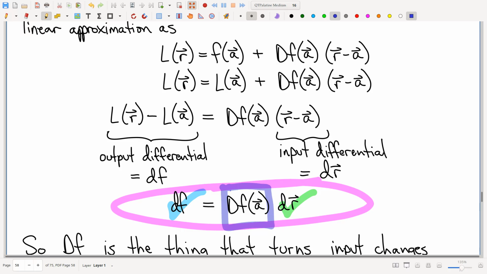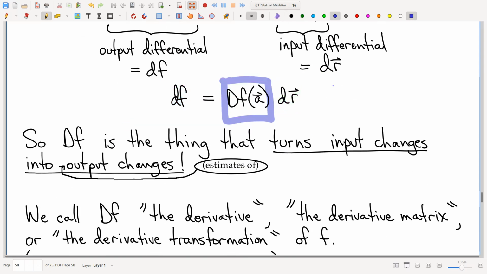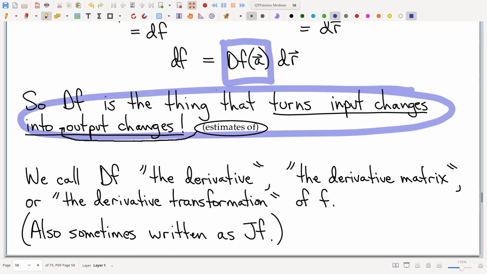And what do we call the thing that relates input changes to output changes? You may recall that's the very first thing I said about derivatives. That's fundamentally what a derivative is. In any context, in any case, some way or another, a derivative is a relationship between input changes and output changes. And so, as you might expect, because this turns input changes into output changes, we call it the derivative.